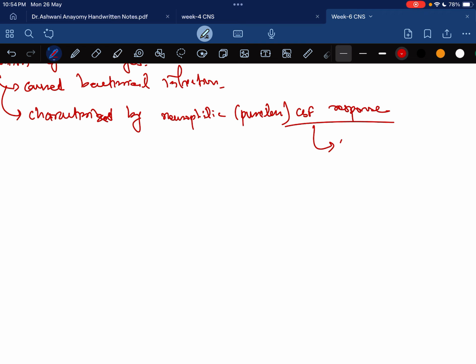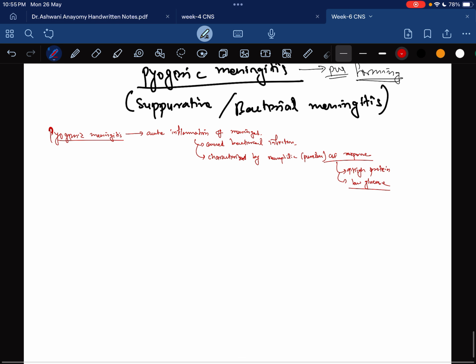It means there is a high protein and low glucose level. So this is regarding pyogenic meningitis.